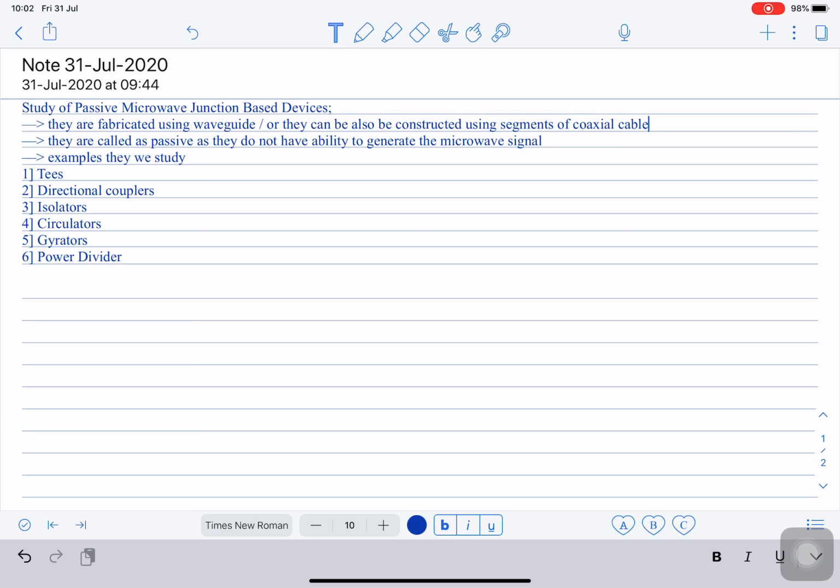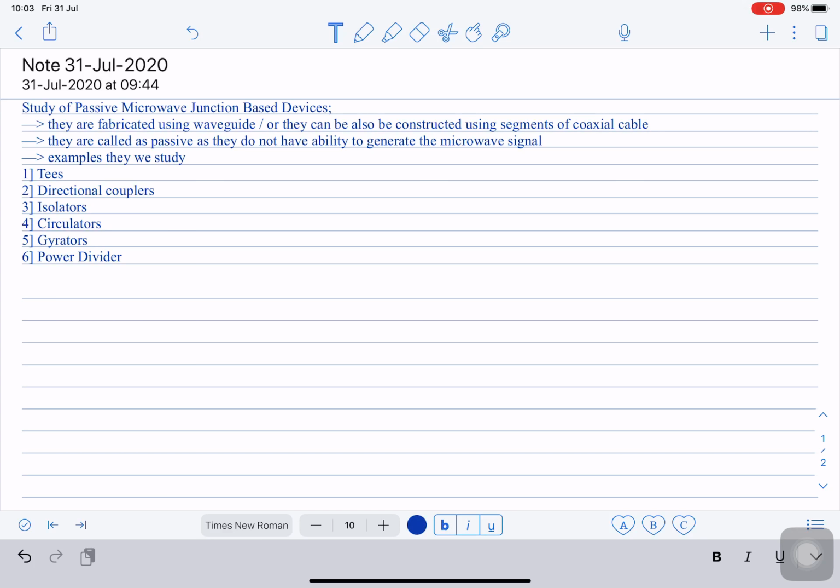Either you can make use of a waveguide or you can make use of a coaxial cable, right? What is a port? Now the term port refers to an opening structure to which either we can connect a source or a load. So a port is basically an inlet or it could be an outlet of a particular junction based device.